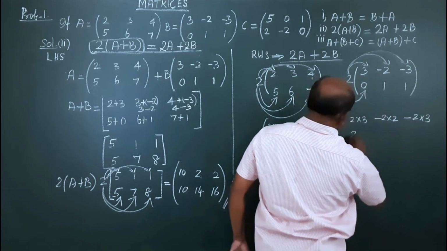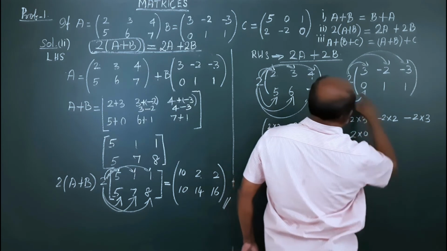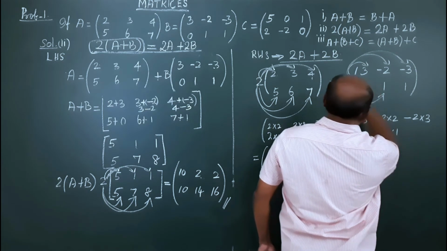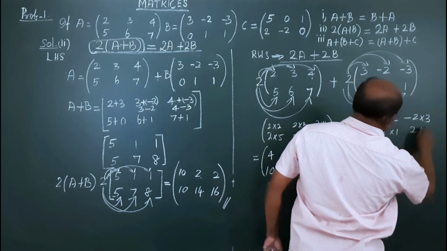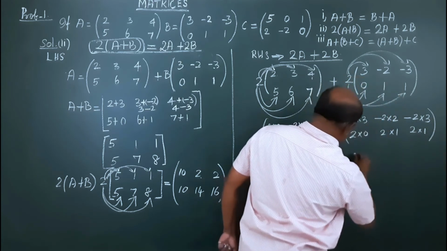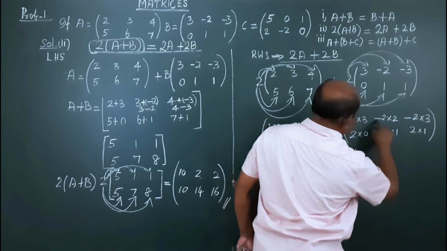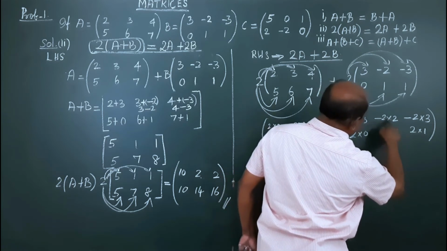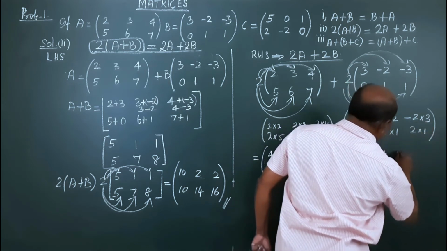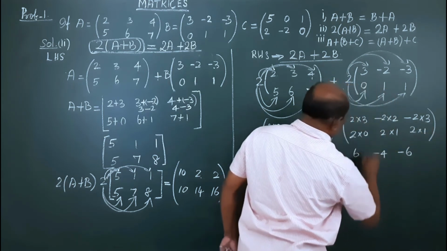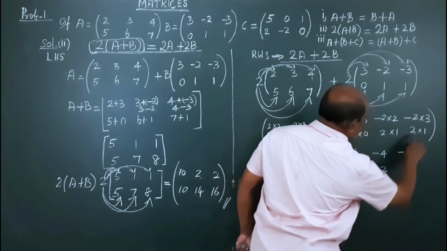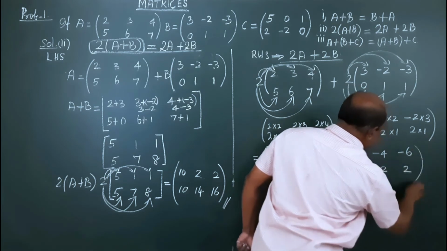Here 2 into 0, 2 into 1, here also 2 into 1. That is 2 into 3, 6, here plus into minus, here minus 4, plus into minus, minus 6, 2 into 0, 0, 2 into 1, 2, 2 into 1, 2.